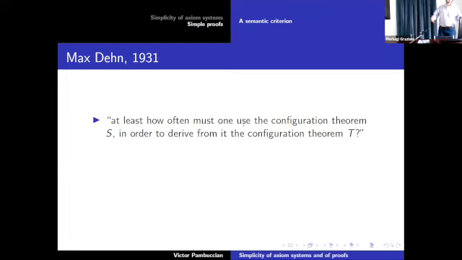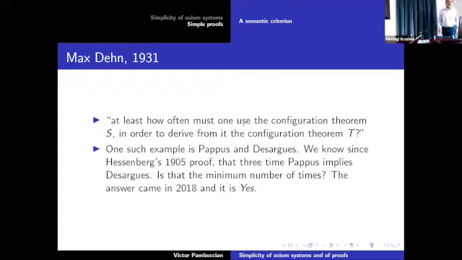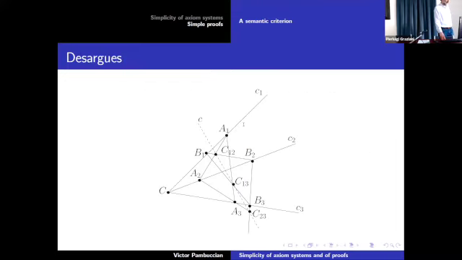So exactly Brandes' problem. One such example is Pappus and Desargues. We know since Hessenberg's 1905 proof that 3 times Pappus implies Desargues. Is that the minimum number of times? The answer is yes. And it came to me in 2018.